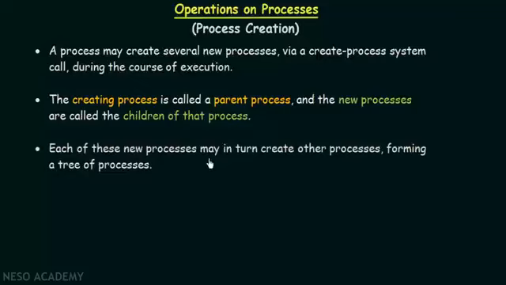Each of these new processes may in turn create other processes, forming a tree of processes. So the parent process creates children processes, and those children processes can also create children of their own, and so on. It can continue.